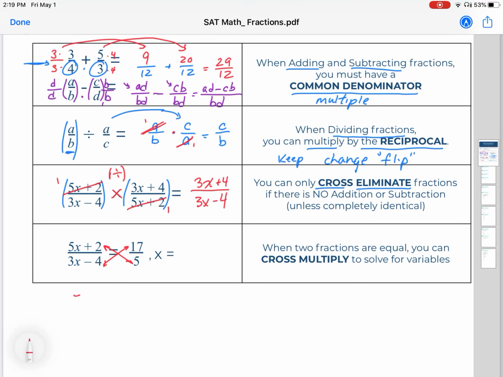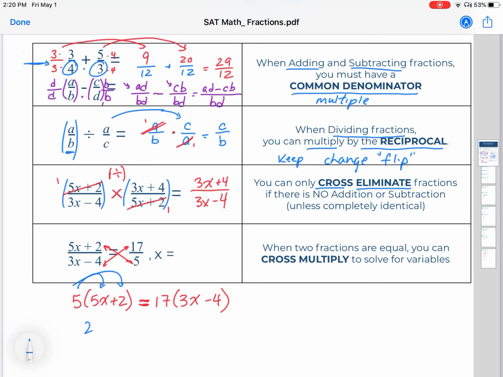And when you do that, you set those two expressions equal to one another. So this is cross multiplication. And again, you can only do it when two fractions are equal to one another. You should almost always do it when two fractions are equal to one another. You cross multiply and you set them equal to each other. Now you need to remember to distribute.